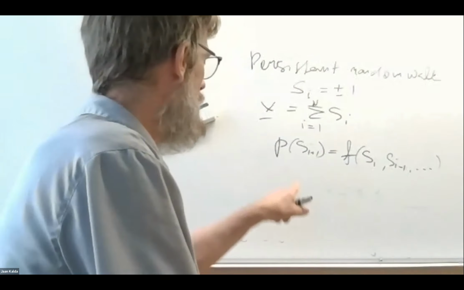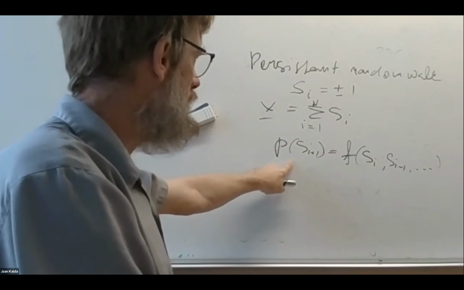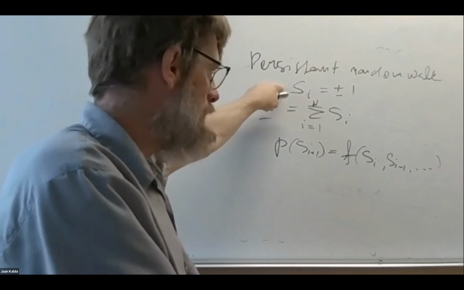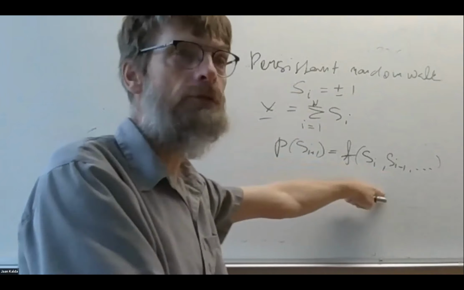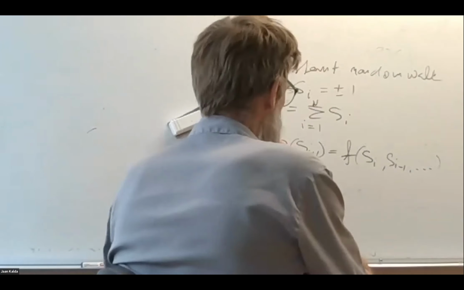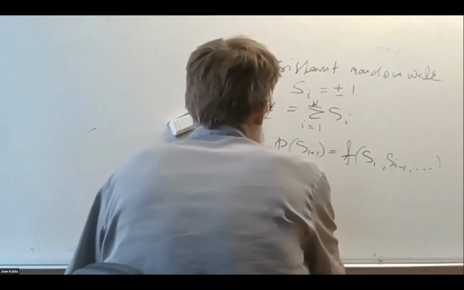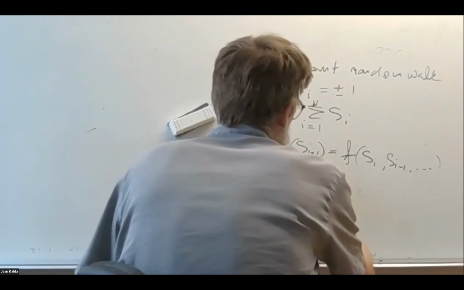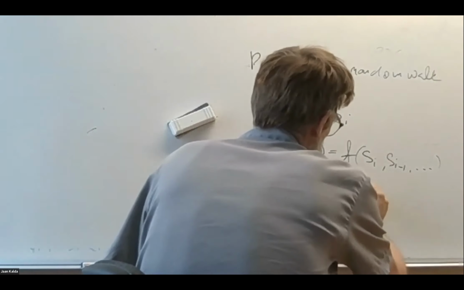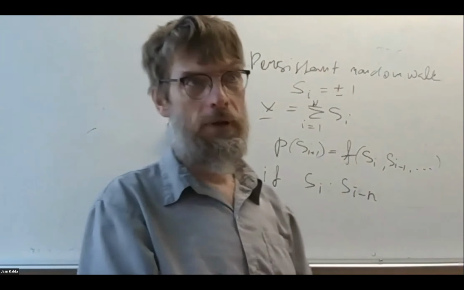Now if this probability is biased in such a way that S_i is more likely positive if you had previously made positive steps, then it is persistent. We can write it like that: if the autocorrelation function, S_i multiplied by S_{i-n}, going back in time by n steps.